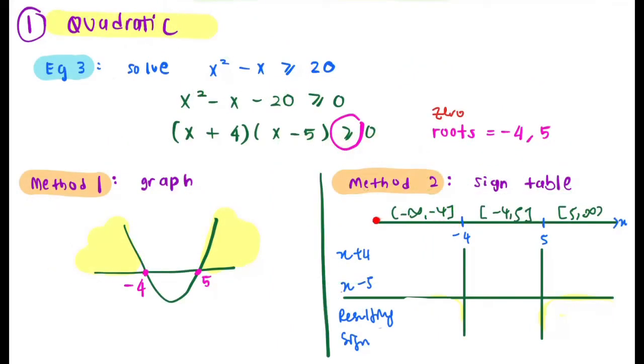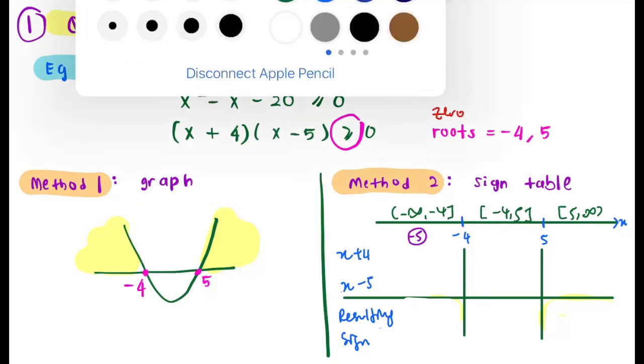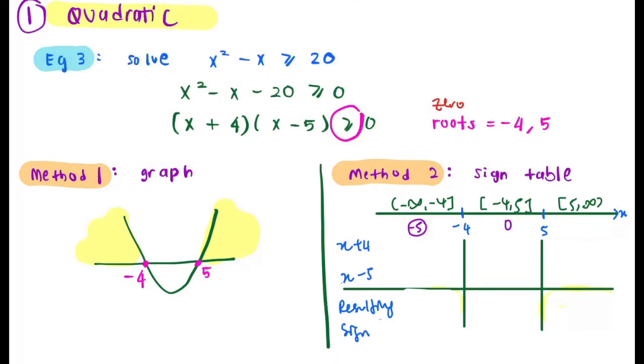So from this interval here, we can choose one number, for example, minus 5. And from this interval, we can choose one number. The easiest one is 0. And from this interval, we can choose one number, for example, 6.